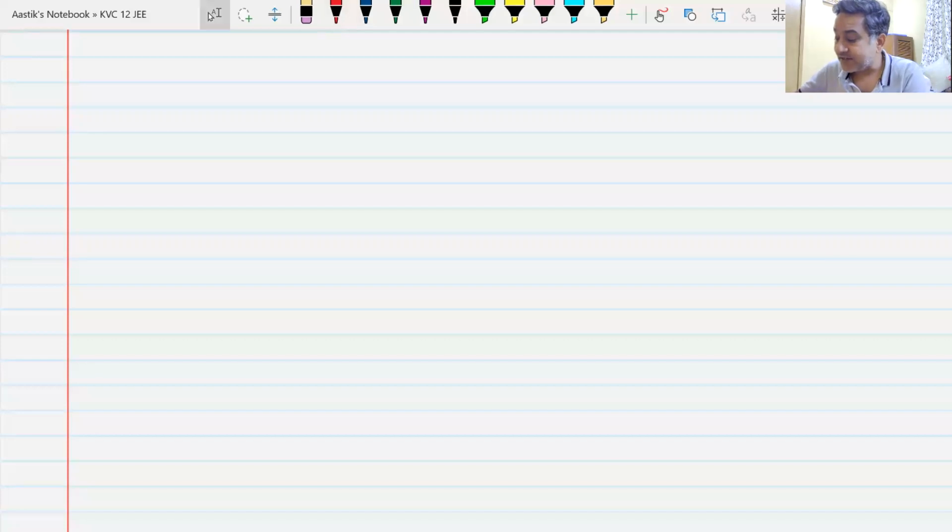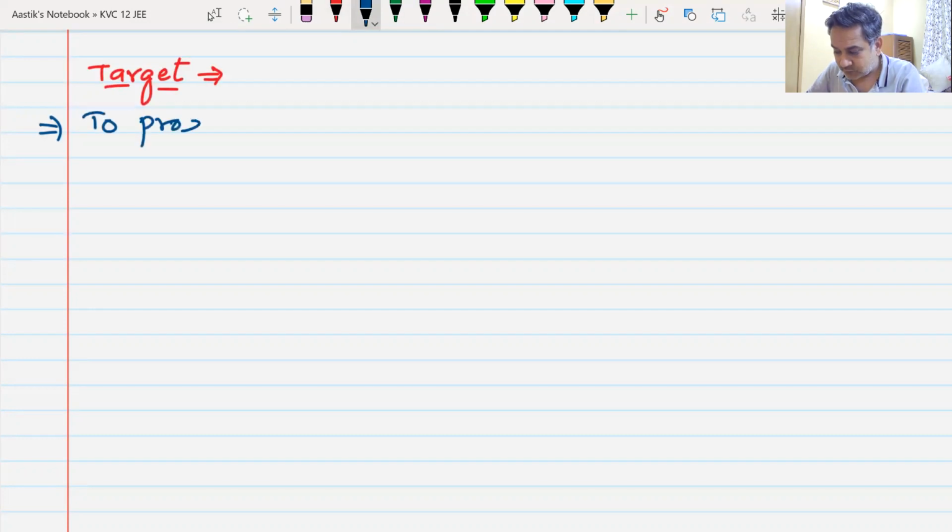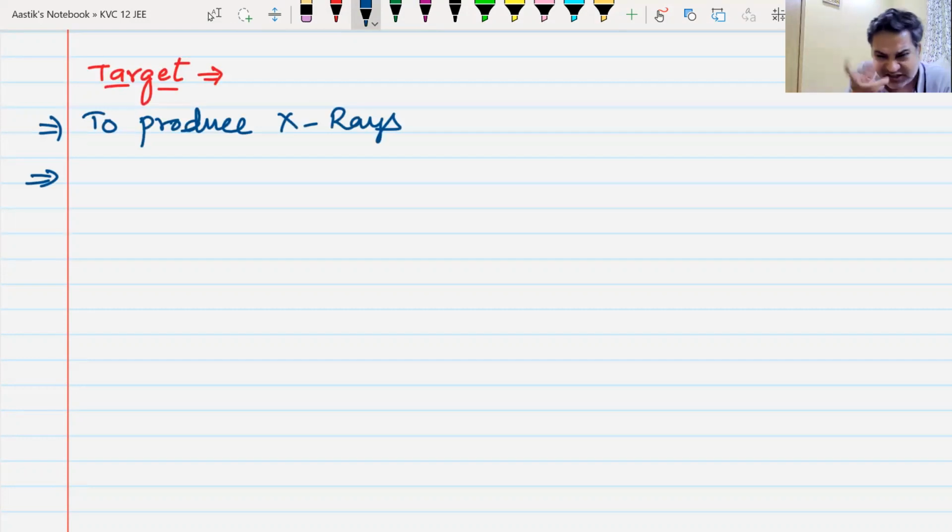The third thing is the target. The target is what emits X-rays, so it produces X-rays. What should be the quality of the target?